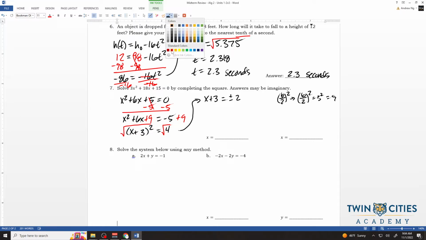Subtract 3 from both sides. And x is equal to -3 plus or minus 2. So what does that mean for my two answers here? Well, -3 plus 2 is going to be -1. And -3 minus 2, that's going to be -5.